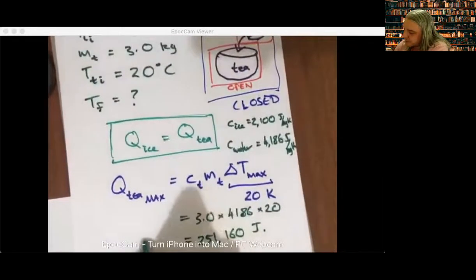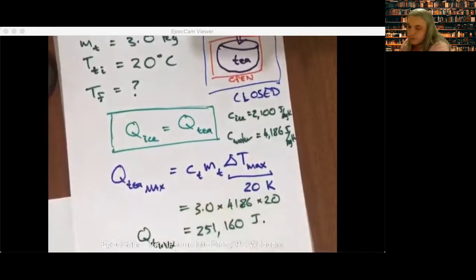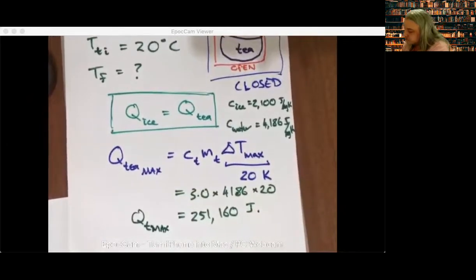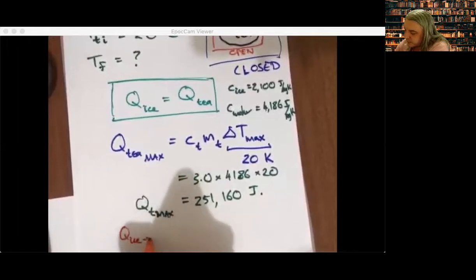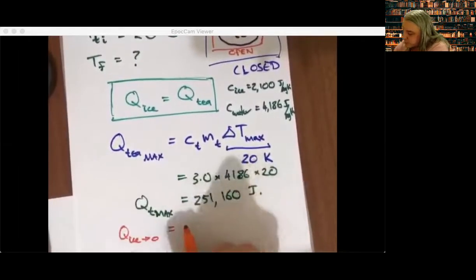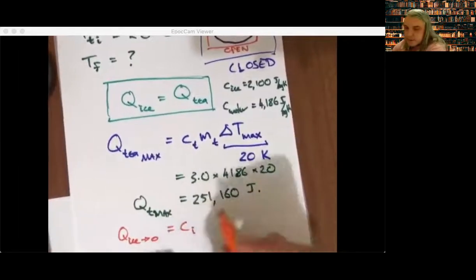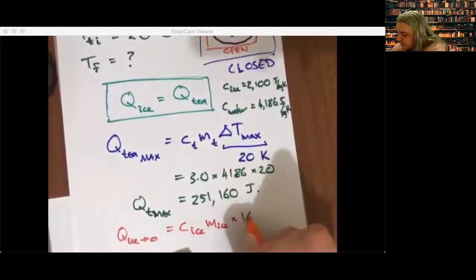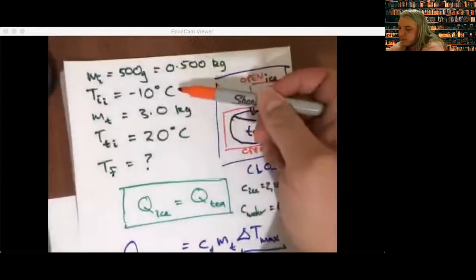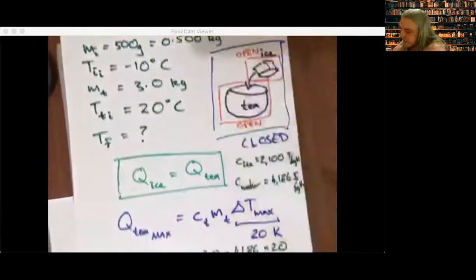So that's our maximum. Q_T max is 250 kilojoules. So let's figure out how much it would need to heat the ice up to 0 degrees Celsius and then to melt it. So Q for ice to 0 is equal to the C for ice times the mass of the ice times 10 Kelvin. From negative 10 C up to 0 C is 10 Kelvin.